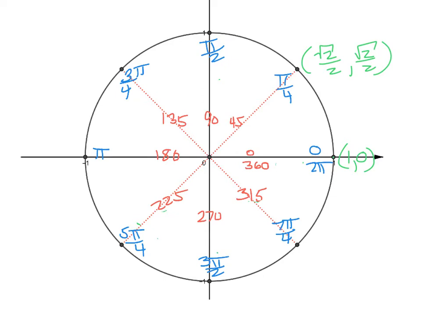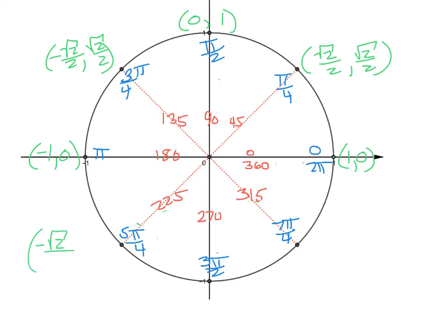Up here at the 90, we're at 0 for the x value, positive 1 for the y. And over here, we're just going to have the same values, but we have to adjust the signs. The x value is negative in quadrant 2, the y value stays positive, and at pi radians we're at negative 1, 0. Everything is negative in quadrant 3, so both these sides are going to be negative.